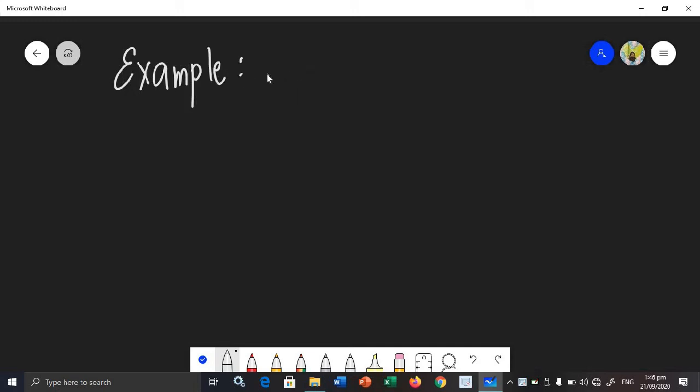We will be factoring y to the fourth minus y to the second power. So this example is an example of a binomial. Nakikita nyo? Kasi pag binomial, there are two terms. Kapag monomial, there are only one term. Kapag trinomial, there are three terms. So in this example, we will be factoring this binomial.